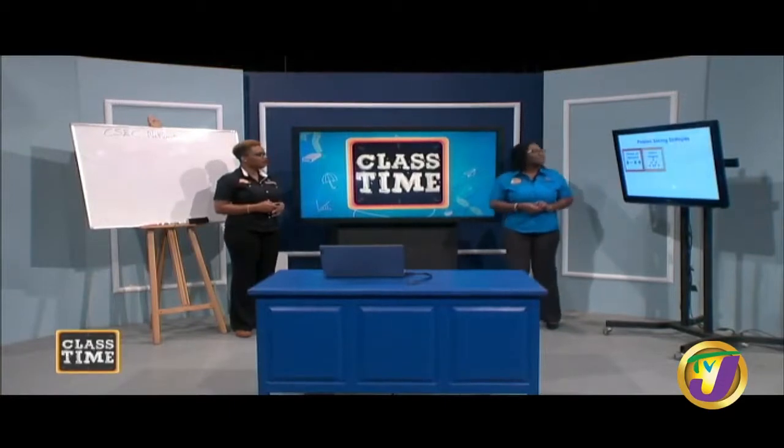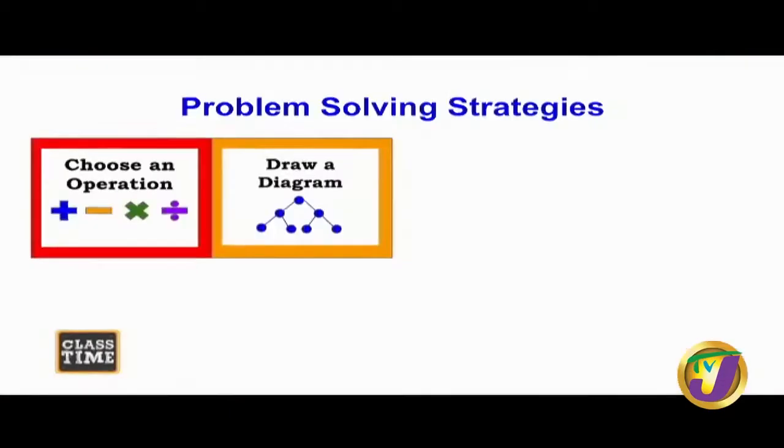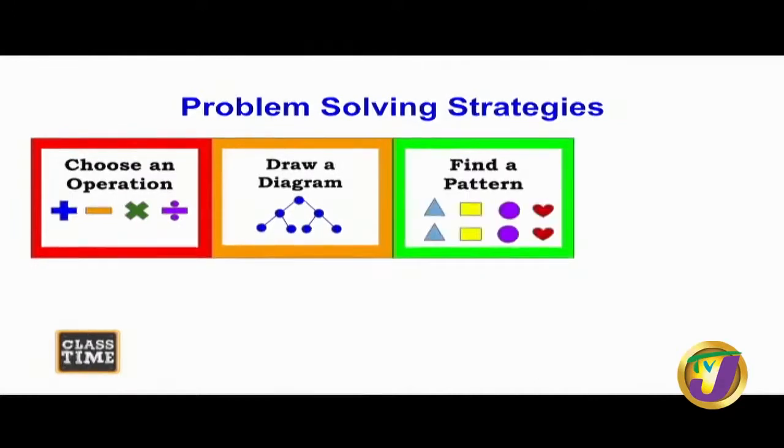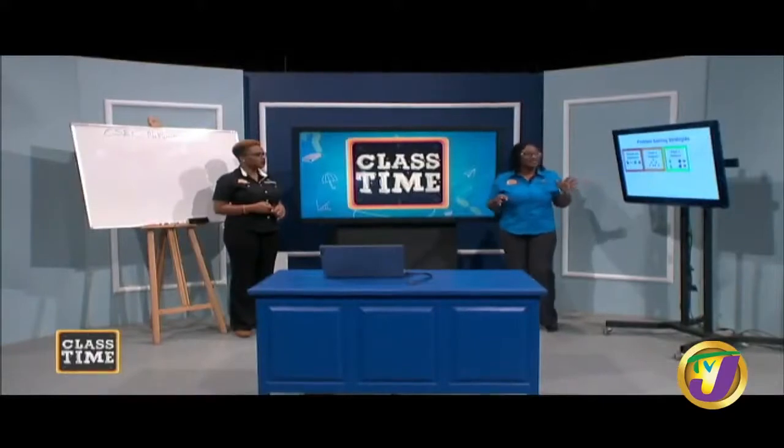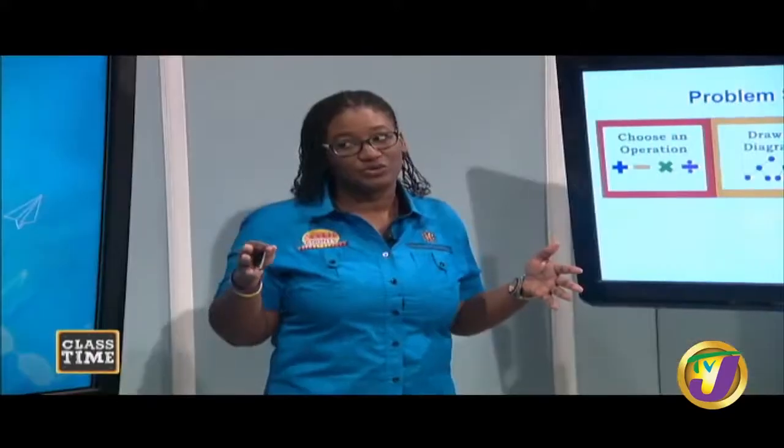All right. Now, here's another one that says draw a diagram. Sometimes you need a visual. You need to look at something and see what's going on. So we need a diagram sometimes. At other times, we may need to look for a pattern. And we know that math is filled with patterns. So that's another useful strategy that we can use.